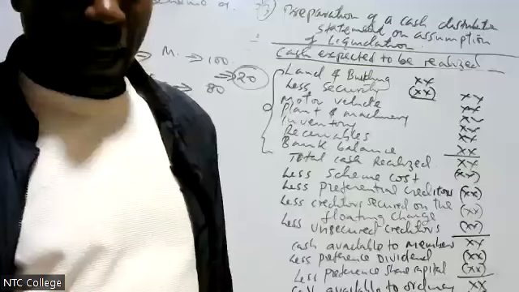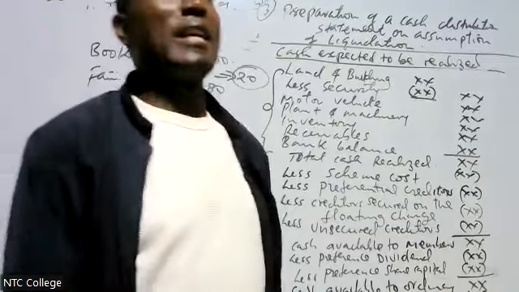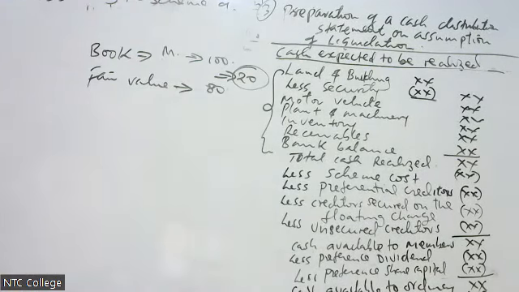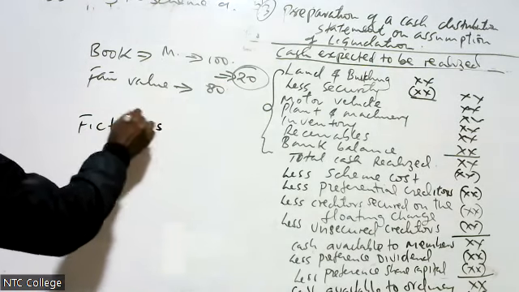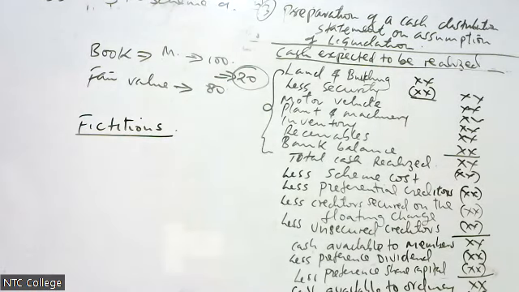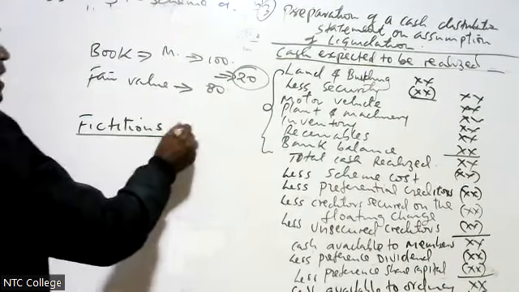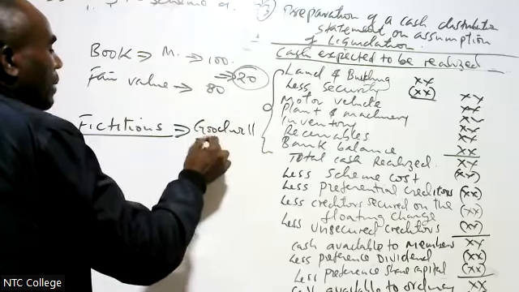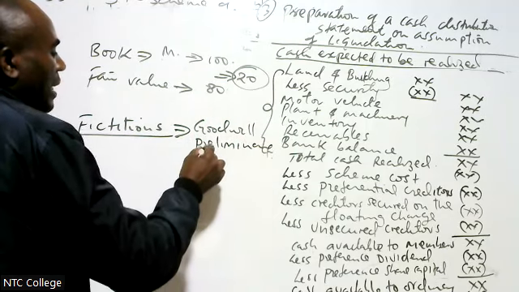Then number 4, you can say unnecessary fictitious assets to be written off. Fictitious assets are assets like goodwill, like preliminary expenses, like patents.